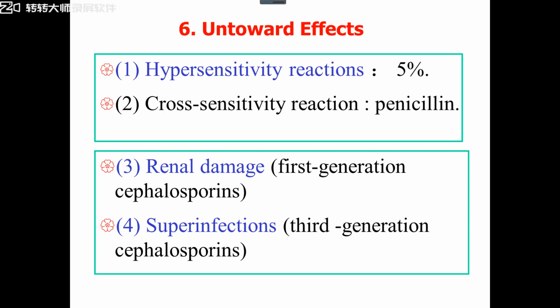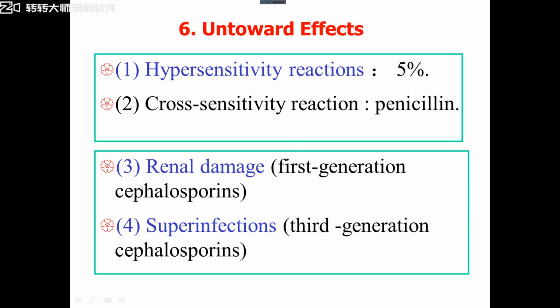So now you understand the meaning of cross sensitivity reaction. It is caused because penicillins and cephalosporins are the same kind, beta-lactams, so they share the same hypersensitivity reaction. Allergic reaction to penicillin also means allergic reaction to cephalosporins. We call this cross sensitivity reaction.